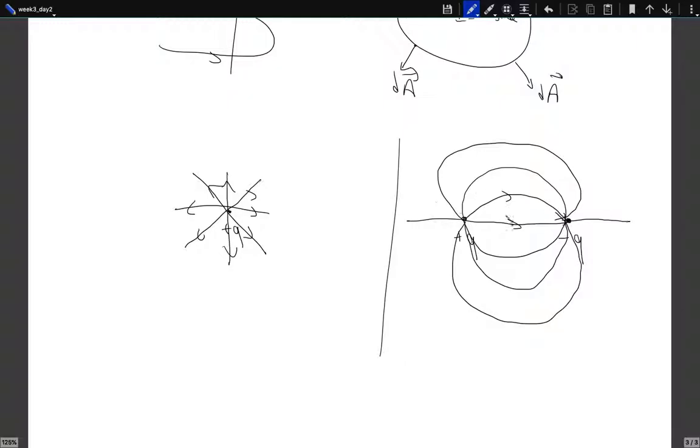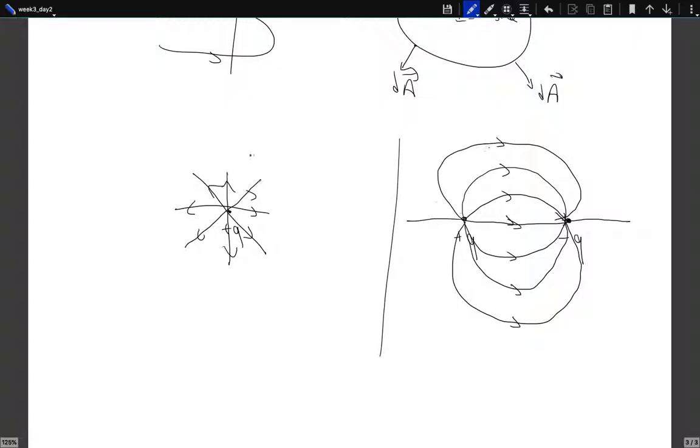Again, I stick with my convention. For each Q charge, there are 8 electric field lines. So this is a plus Q charge, so there are 8 electric field lines leaving that charge. Here, this is a minus Q charge, so there are 8 electric field lines entering that point charge.